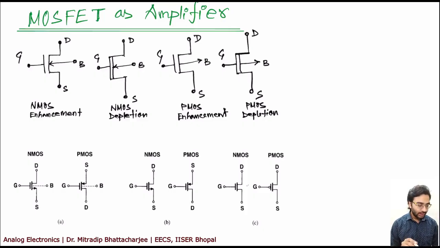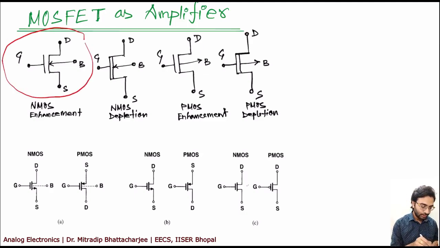Okay, so we have already discussed the basic MOSFET structures in the previous slide. These are the symbols of MOSFETs. We have two types of MOSFETs: one is enhancement type, another is depletion type, and another category is according to the channel doping, so it's like NMOS and PMOS.